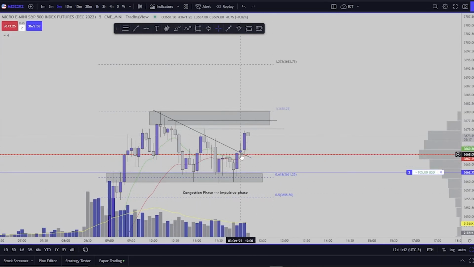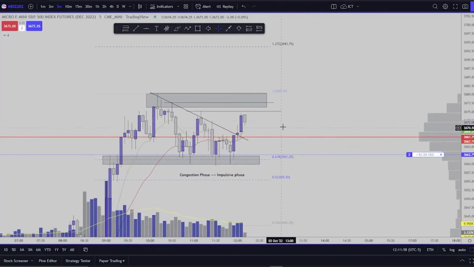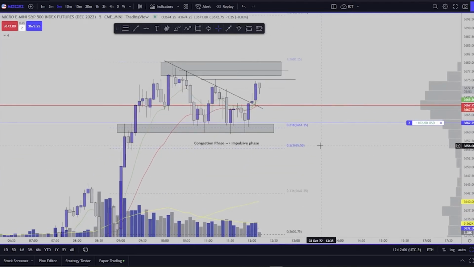Congestion, breakout, impulsive, right? That's how I see and translate the market, and I use the EMAs to guide me through the phases. I also use the fibs to guide me when to enter, when to sell. Not always 100% perfect, but for the most part they do work very, very well.